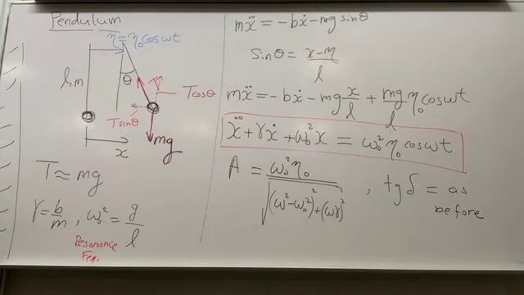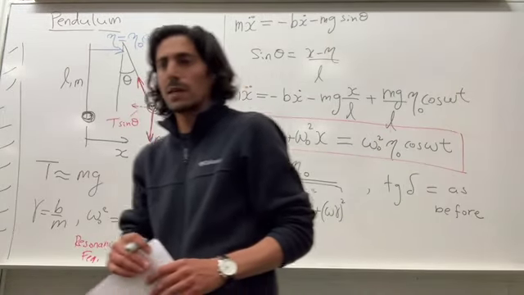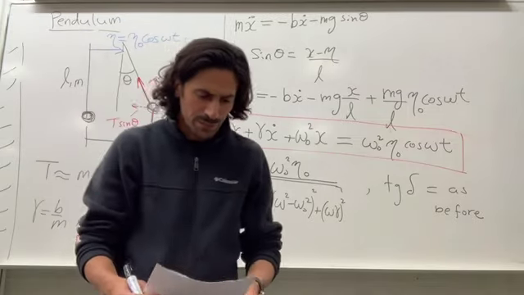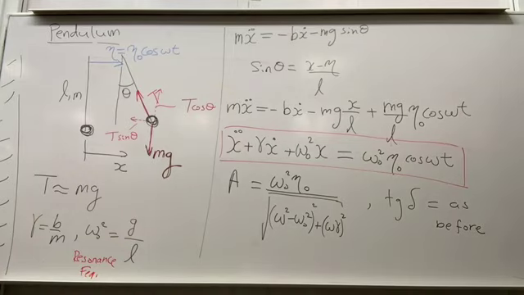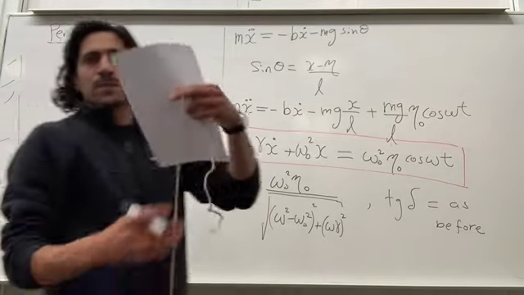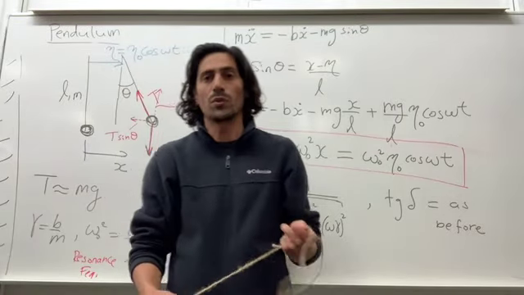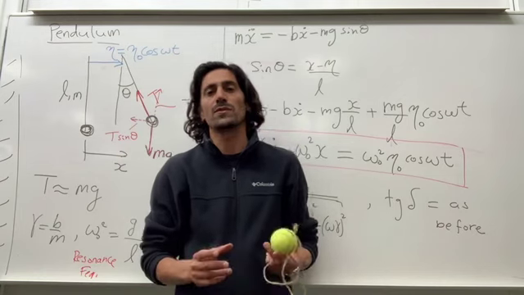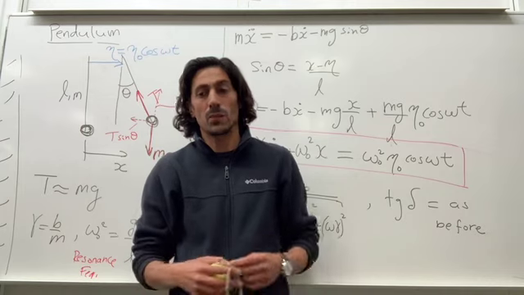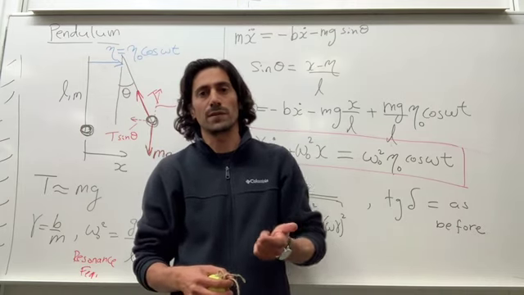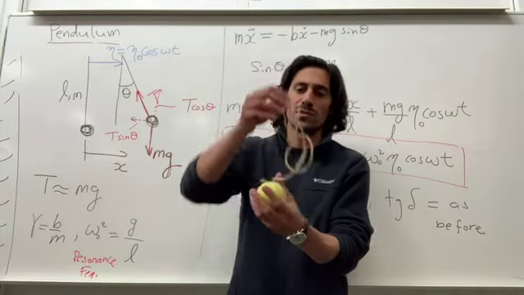Now I want you to take a moment and really, without looking at the equations, think. Let me bring the pendulum. What happens when omega equals 0? So the frequency is very, very small. We want to find A and we want to find delta, right? Without looking at the equations, just look at the physical problem.